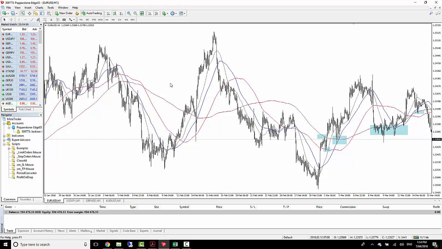Now, if we accompany them with our trend lines and our Fibonacci, then we're getting to a space where we're looking at what other people are looking at. A lot of big fund managers and big banks all use these moving averages.